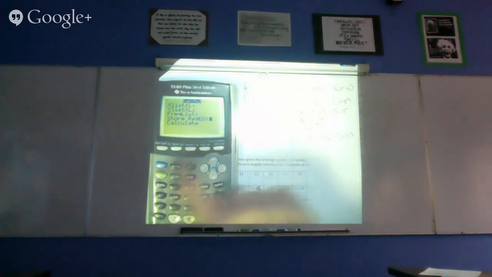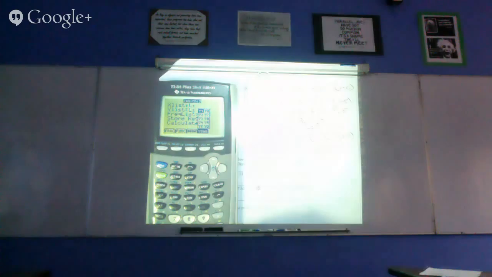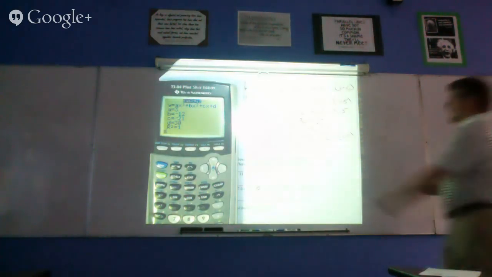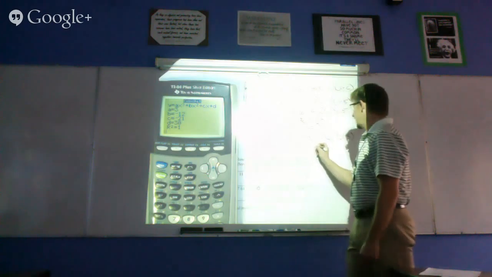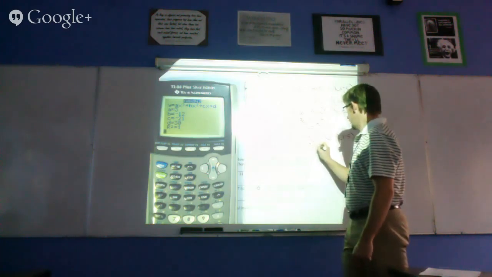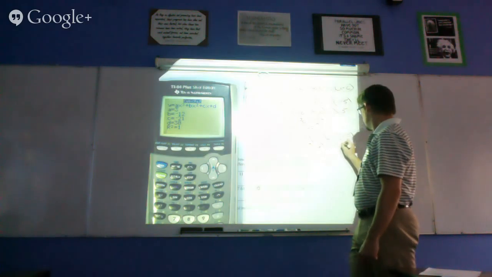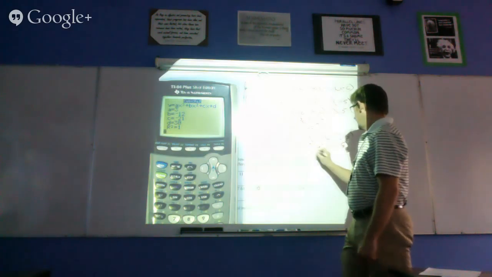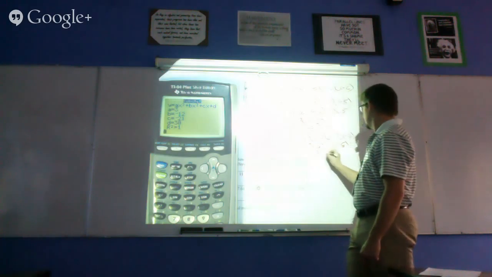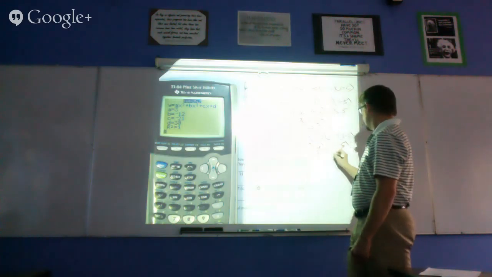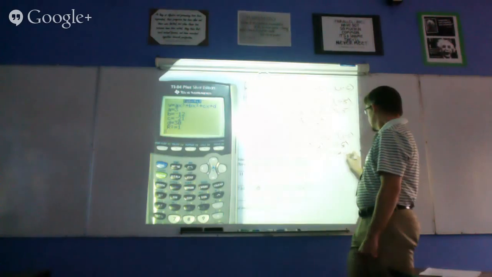If you want it, alpha, trace, enter, Y1, and then calculate. Now, what this gives you is the standard form. But if I multiply this out, that was such a 3x squared minus 3x plus 6x minus 6.